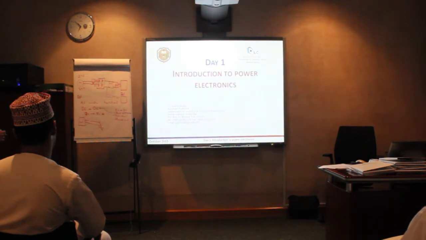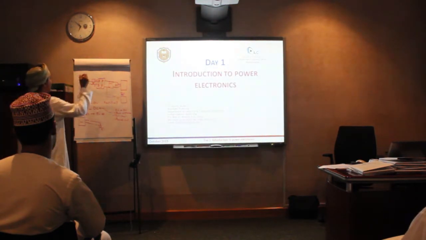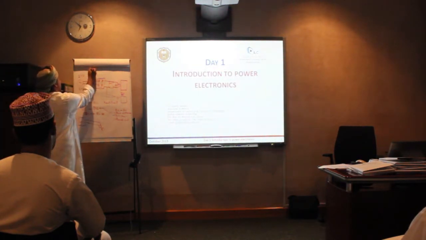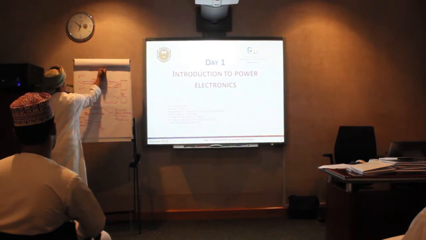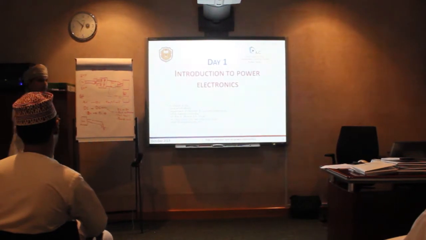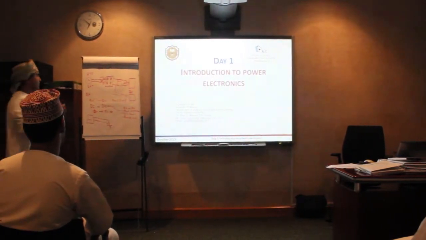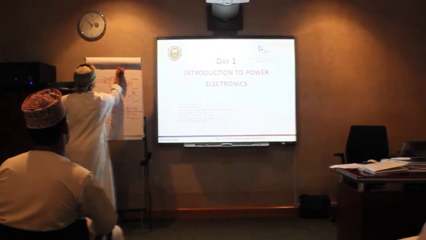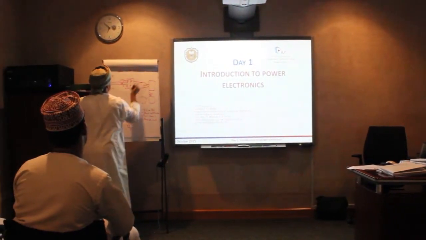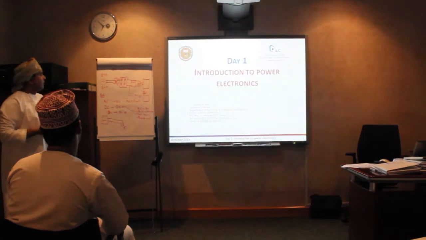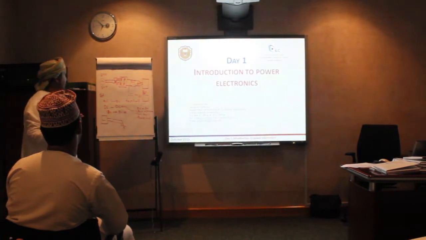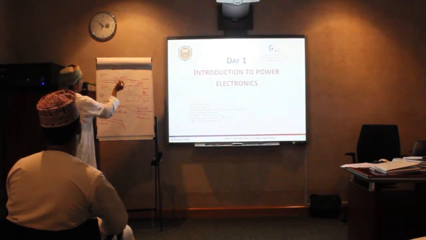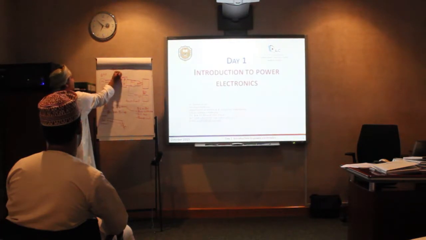Okay. In addition to that, if you have DC and you want to convert it to AC, that is known as an inverter. With this type of circuit, I can give you an example.